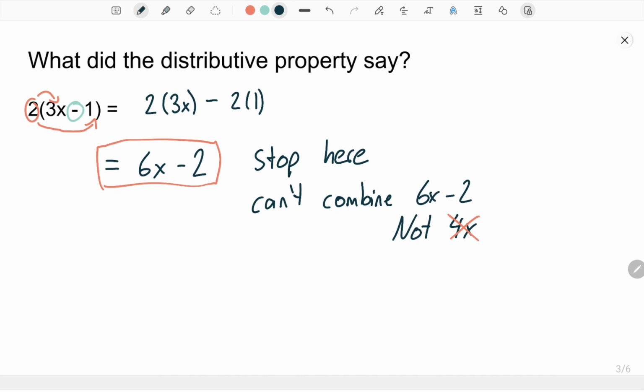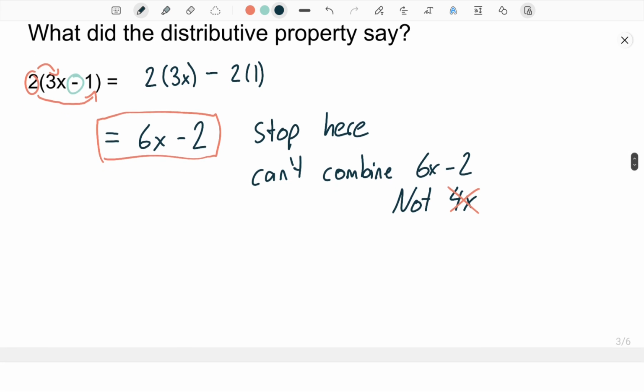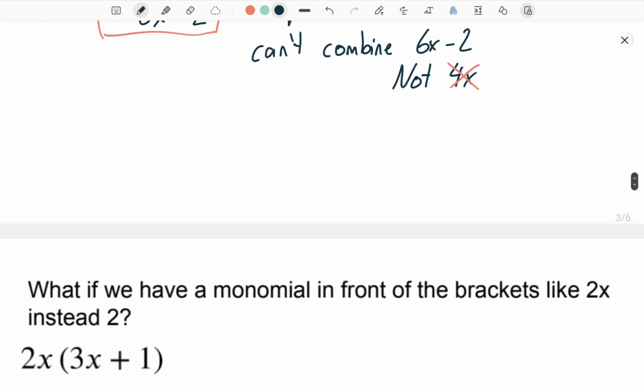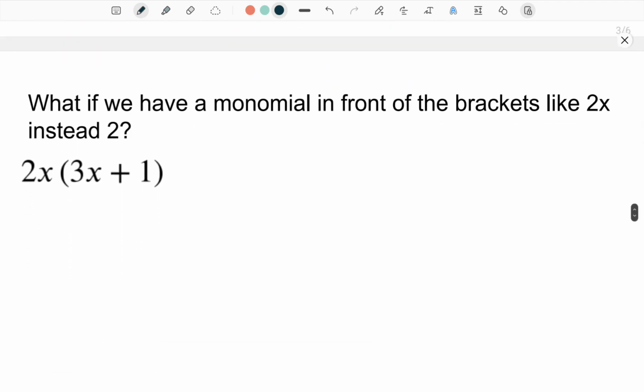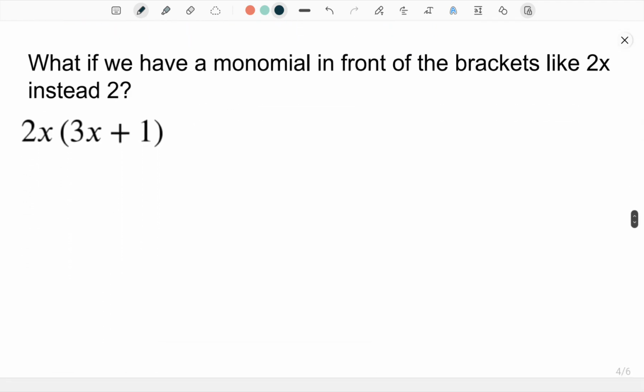All right. Now let's get into using the distributive property when we have monomials involved both inside and outside of the brackets. Let's take a look at the situation where you have a 2x in front instead of just a 2. We're just going to treat this like we did the distributive property above.